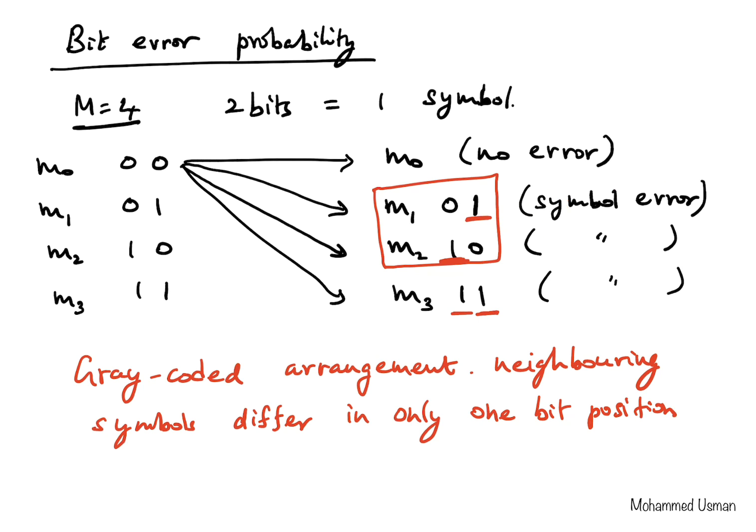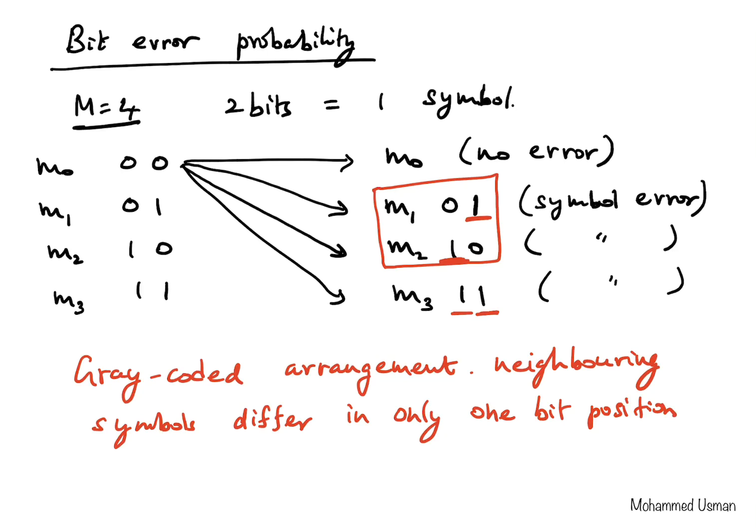So 1 symbol error would correspond to only 1 bit error. But very rarely the case where 1 symbol error is more than 1 bit error can happen. That will be a rarity. It will be a very rare case. That means it will have a very small probability of happening. So we want to arrange the symbols in this gray coded fashion.